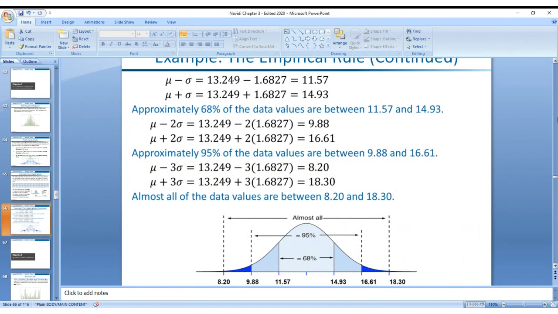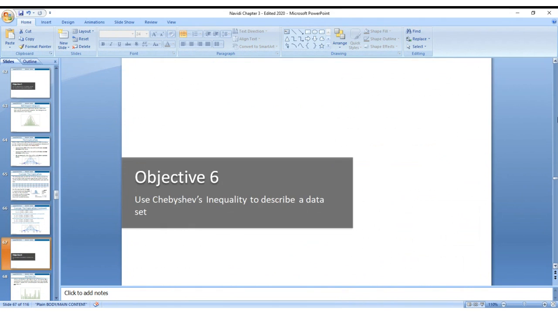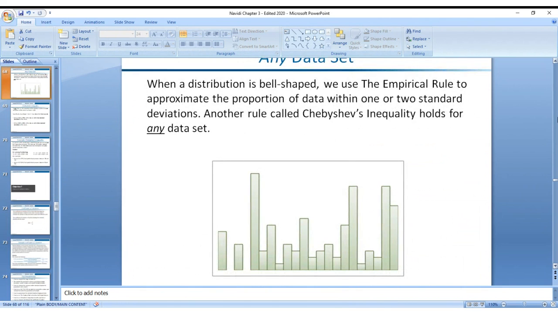Now, just to mention the Chebychev rule, well, it's not Chebychev rule, it's called an inequality. And I'll try to make this a little bit easy to digest. Basically, the Chebychev inequality is not going to be as accurate because when we use it, we either don't know if the data is approximately symmetric or we know it's not.